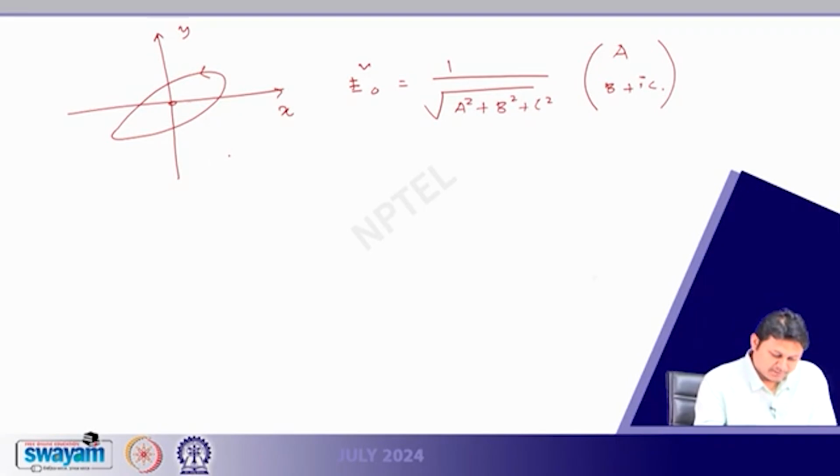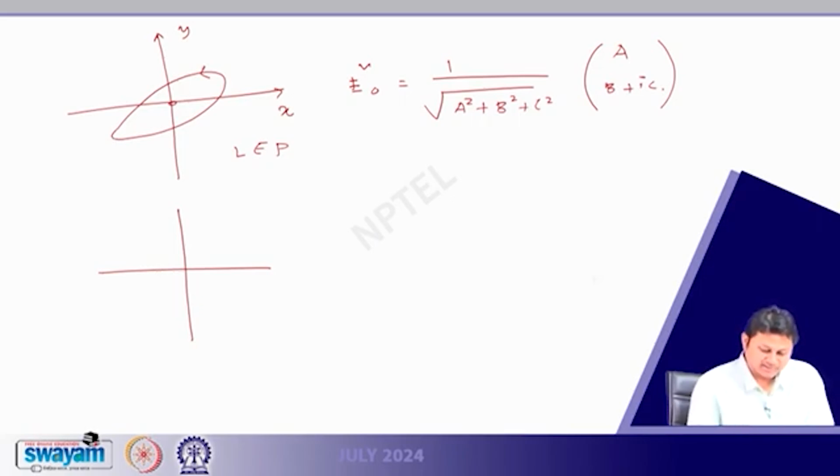So, again it is left circularly polarized light, left elliptically polarized light, but the thing is here the major and minor axis of the ellipse do not coincide with x and y axis.